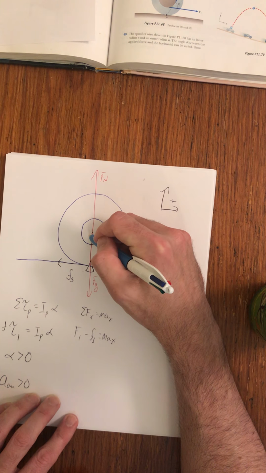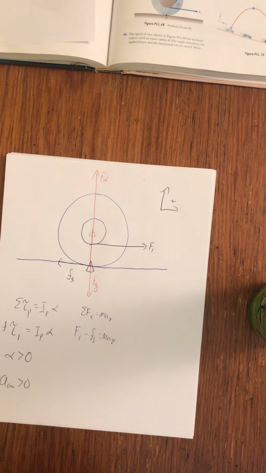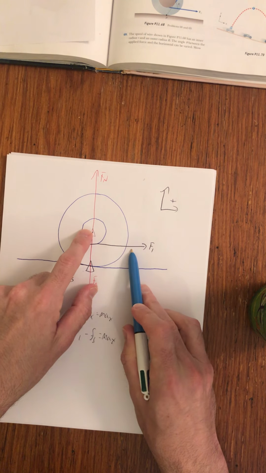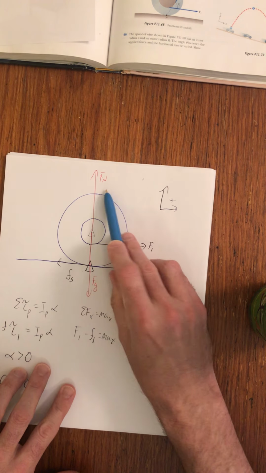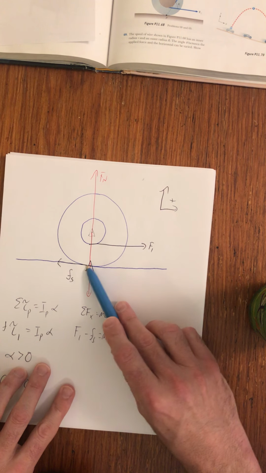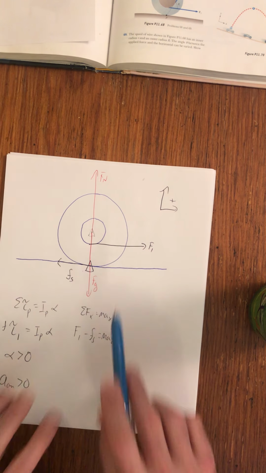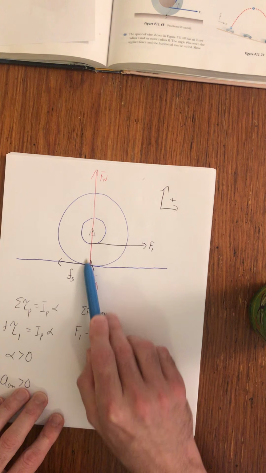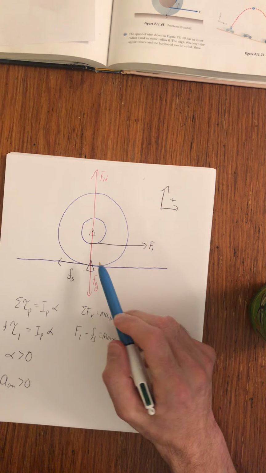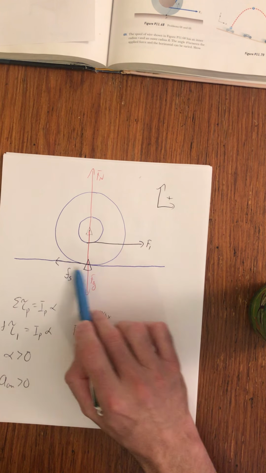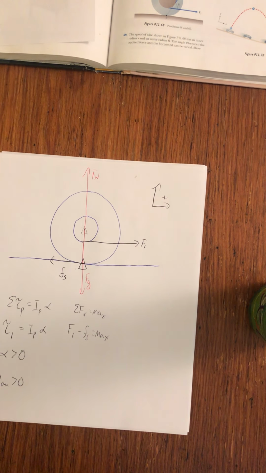In terms of this, if we put the pivot there, F1 would cause a rotation which would be negative in that case, and Fs would cause a rotation that's positive once again, but this has a larger lever arm distance than that, so it's hard to actually do an analysis there. But I think we can be reasonably confident that both our translational and rotational analyses came up with the same direction for Fs.